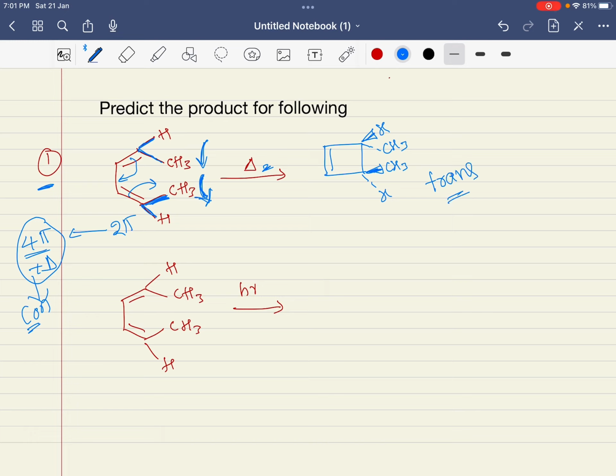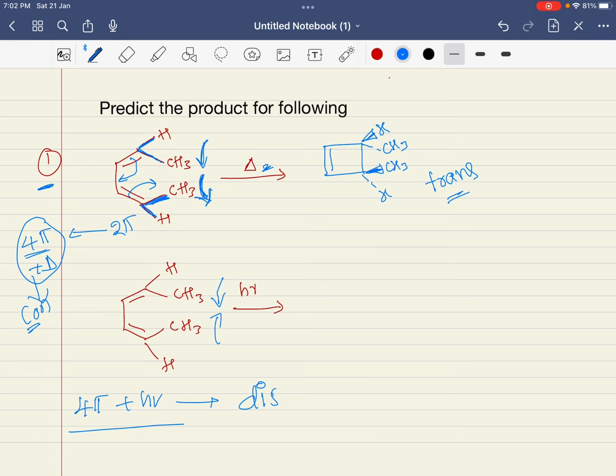Next we'll go for the second example here. This is also a 4 pi electron system, and the photochemical condition is there. 4n pi system and photochemical condition means you have to do disrotation. Disrotation means, you know, moving the groups either inside or outside. I will move inside.